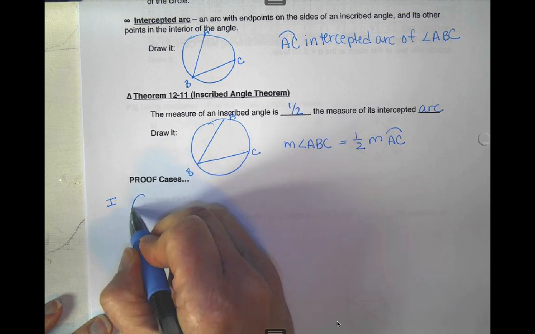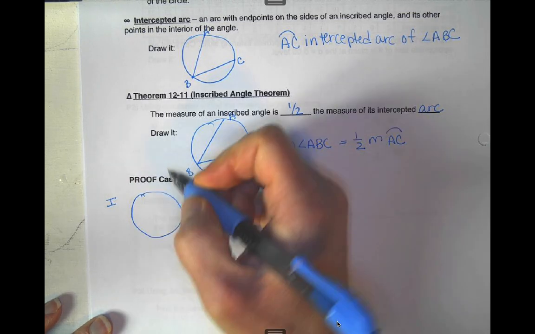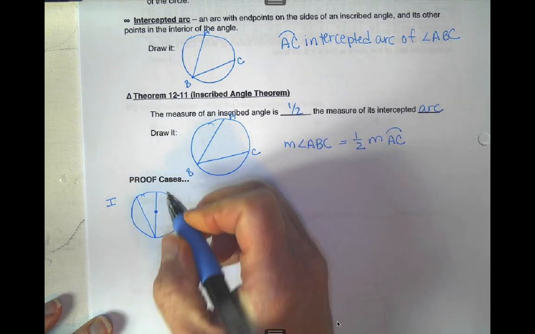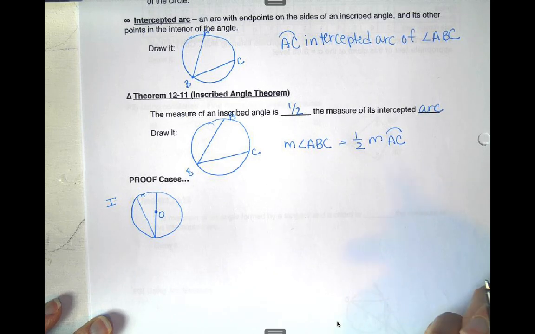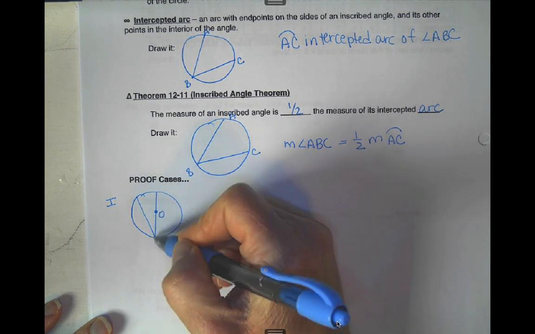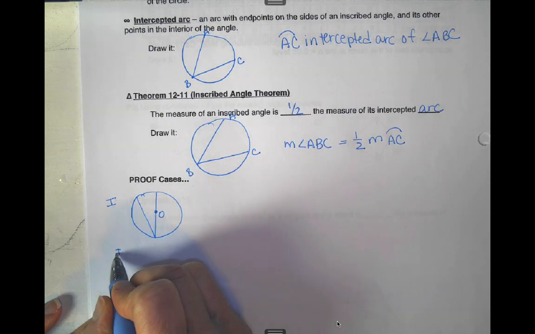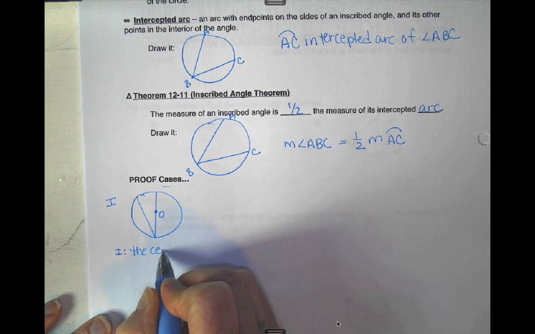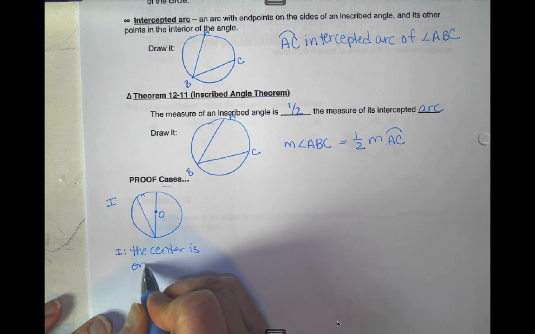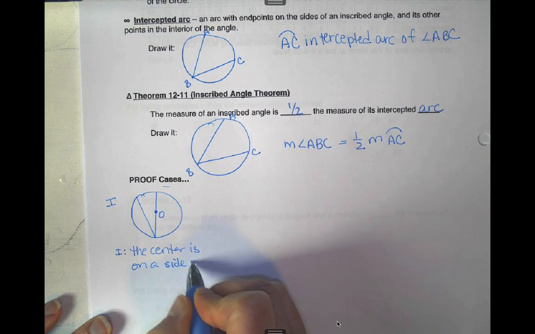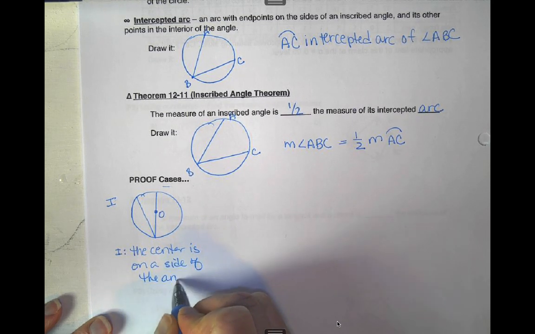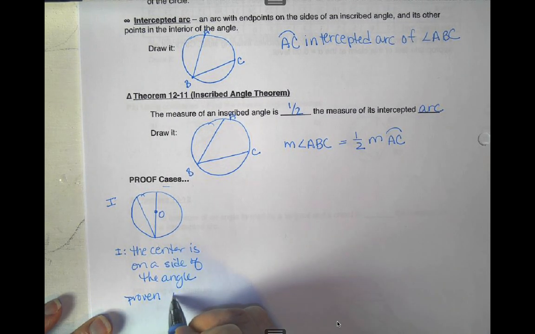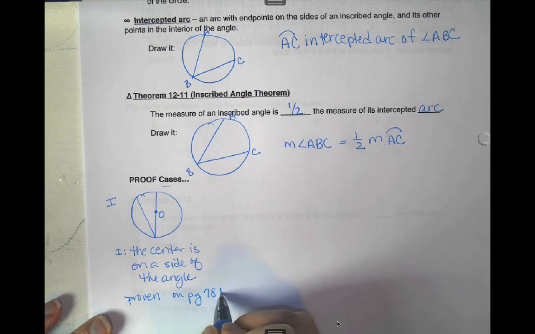One way to prove it is when one of the sides of that inscribed angle goes through the center of the circle. So case 1 is when the center is on a side of the angle. This is proven in the textbook on page 781.